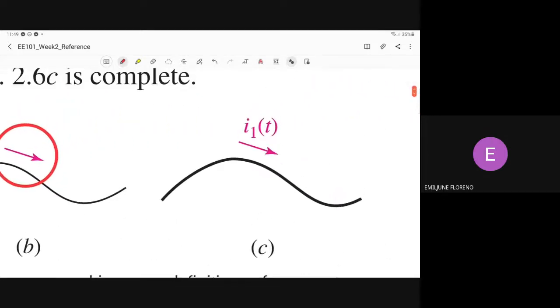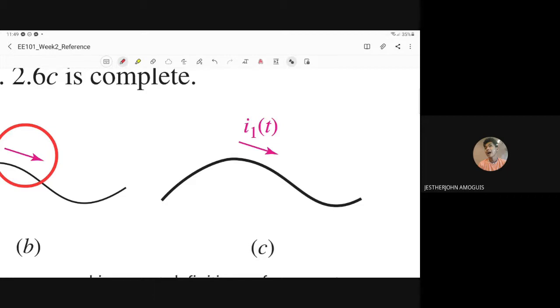You have to describe your current by your I of T, which means sa kanini constant with time or time varying siya, mag-vary with respect to time kani nga current. Vary with respect to time. Okay, very good. Mag-vary with respect to time.